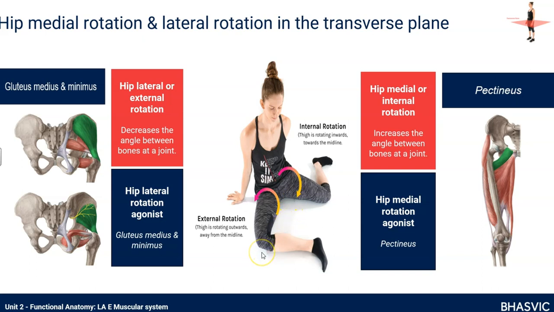If you stood still and you laterally rotated one leg so that your whole leg was pointing sideways, that's lateral rotation of the femur at the hip joint. Again, I'm pretty sure you won't need to know the muscles for this action, but just need to know that your hip can laterally or medially rotate.